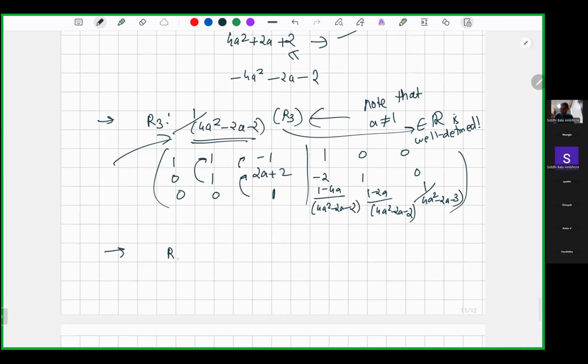This will be R2 going to R2 minus 2a plus 2 R3. And after that, whatever you get, this R3 going to, yeah, and you can directly do this from here, that R1 going to R1 minus, what is it here?